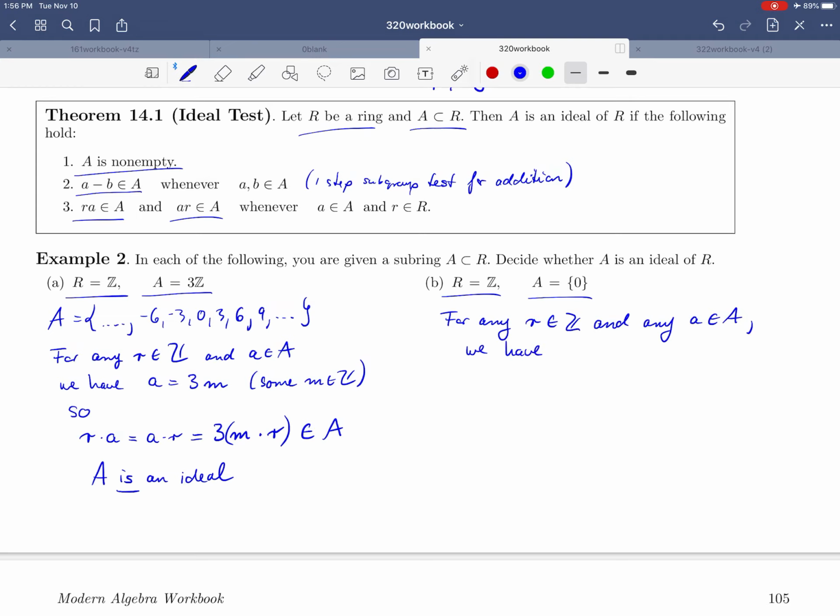Well, the only thing in A is 0, so A is equal to 0. And so A times R is still equal to R times A because we are in the integers. R was something, we don't know what it is, but A is 0, and so this returns 0, which is the only thing in A. So again, A is an ideal.